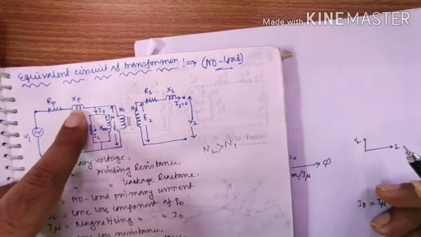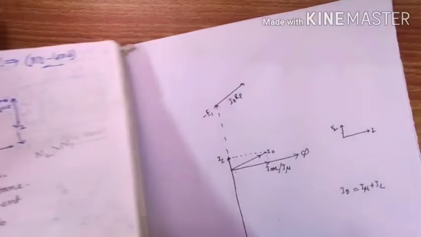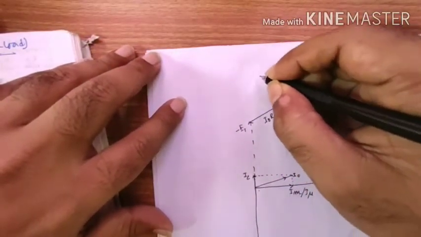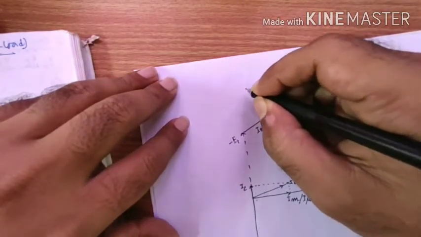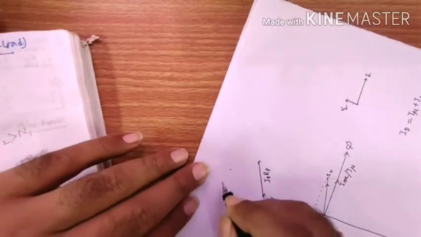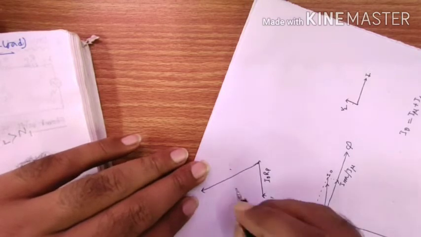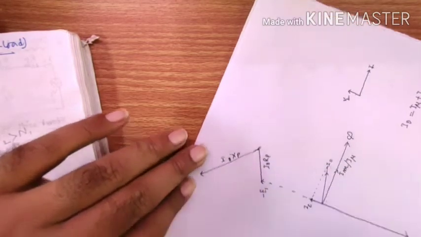XP is the inductive reactance, so that will create a voltage drop equal to I0 into XP. What should be its direction? It should lead this vector by an angle 90 degree. So let me draw in this way. Assume this is 90 degree. So this one will become I0 XP.